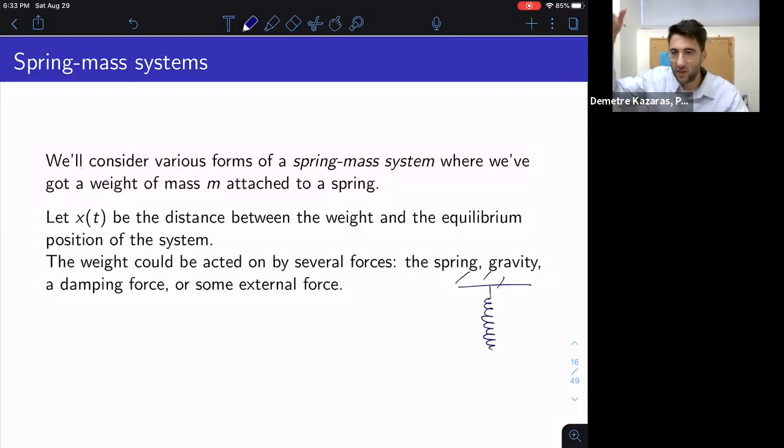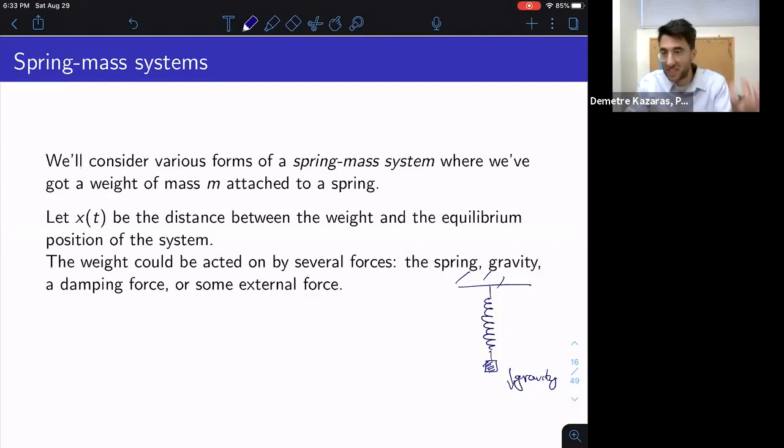Think of a very powerful spring, and then attach a weight to it. And then it's being acted on by several things. You have gravity going down. And then you could imagine you pull it down a little bit and let it go, and you imagine it making a little spring oscillating up and down behavior.